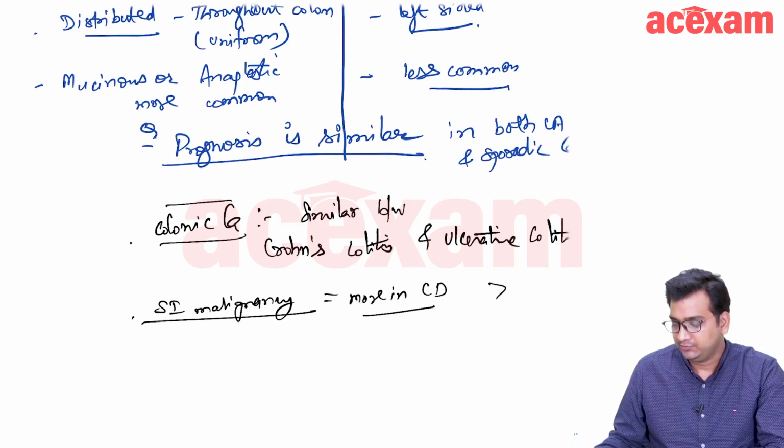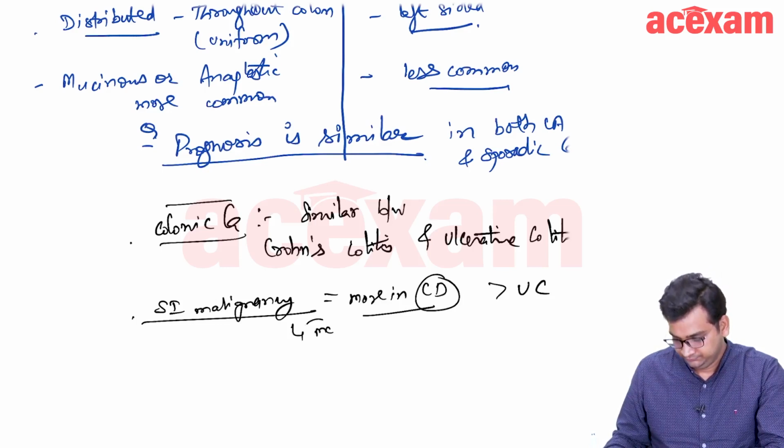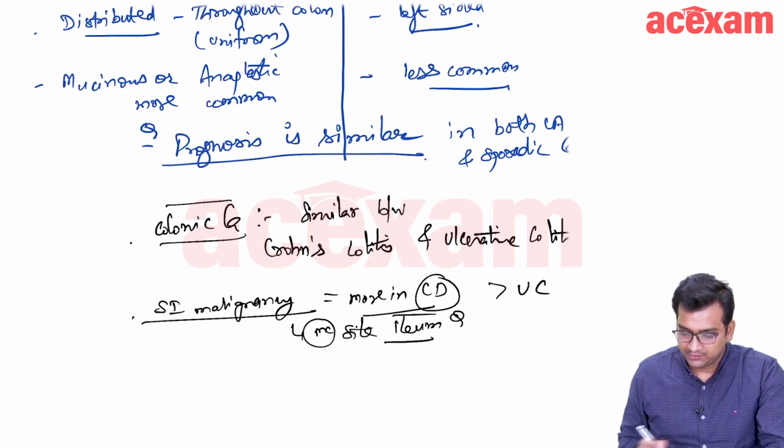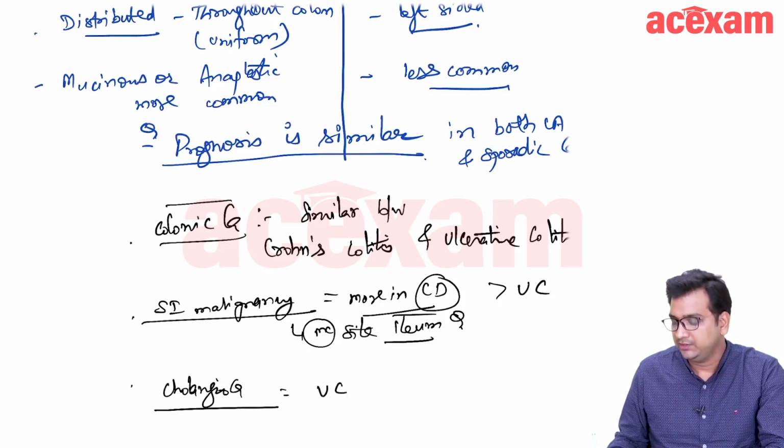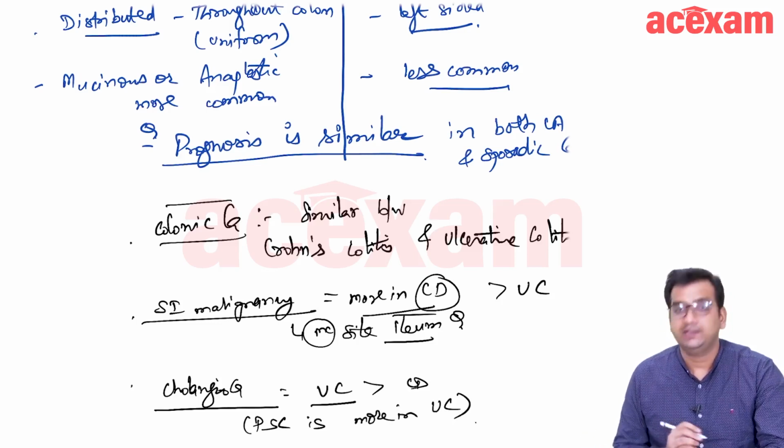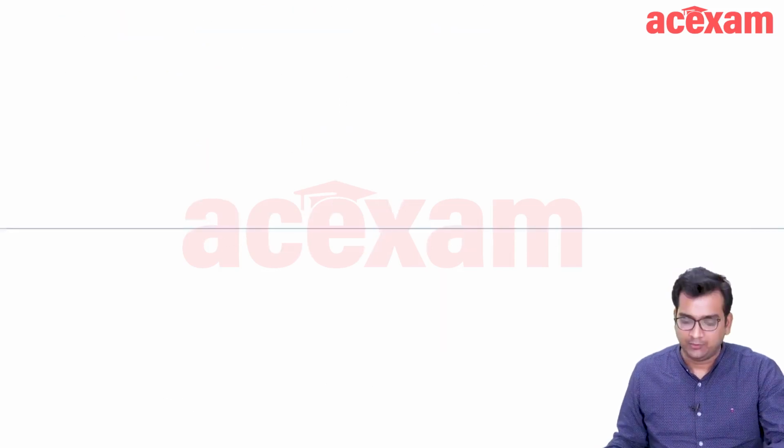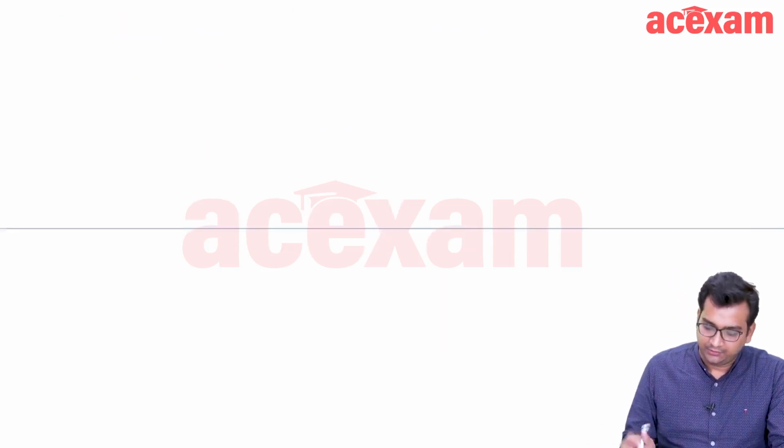And what is the most common site? Ileum. Okay, cholangiocarcinoma is seen more in ulcerative colitis. Why? Because primary sclerosing cholangitis is more in ulcerative colitis.